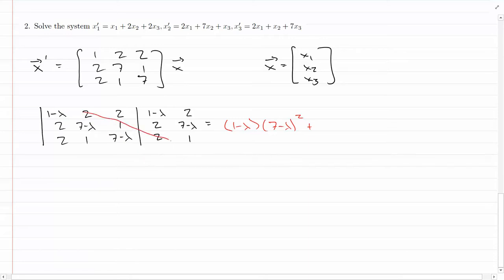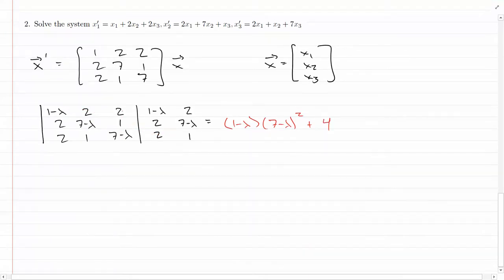We do the second diagonal, that'd be 4. And then we do the third diagonal, that'd be another 4. Then we do the opposite diagonals. This one would give us a minus 4, minus 4, 7 minus lambda.